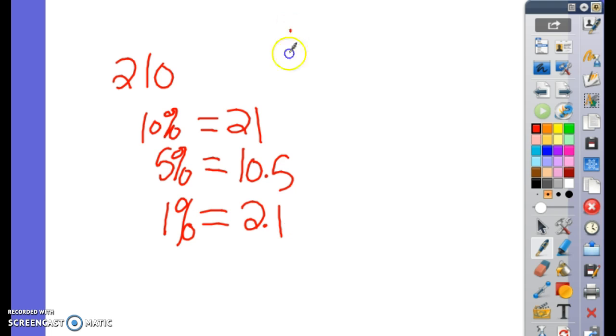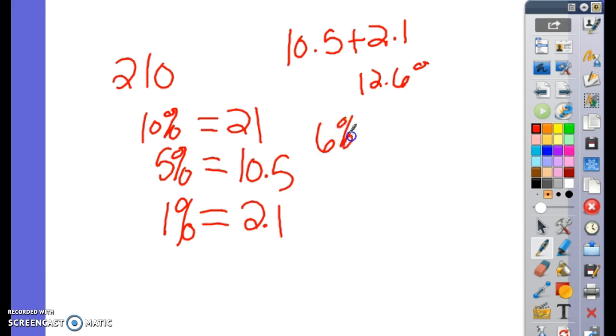So you're going to have 10.5 plus 2.1, which is 12.6. So 6% of 210 is 12.6.